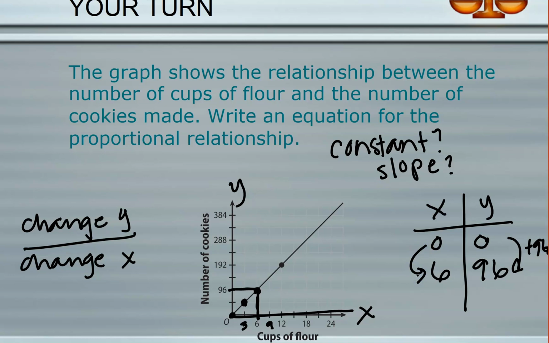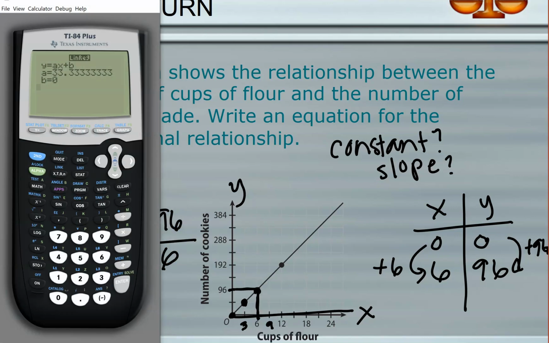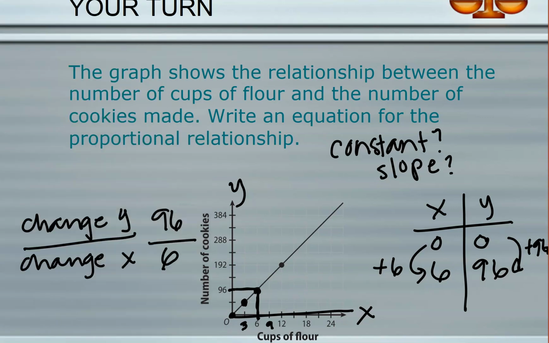Well, my x changed plus 6. So they're both positives. So my y changed by 96 and my x changed by 6. So we're going to divide 96 divided by 6. So my constant or my slope is 16. So I'm going to write it here, equals 16.